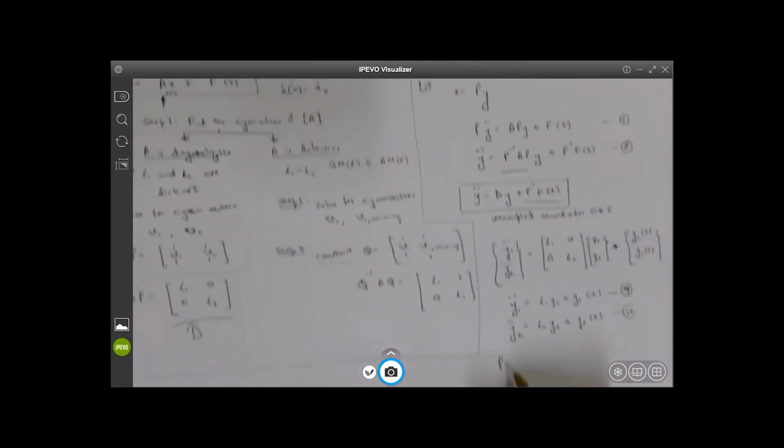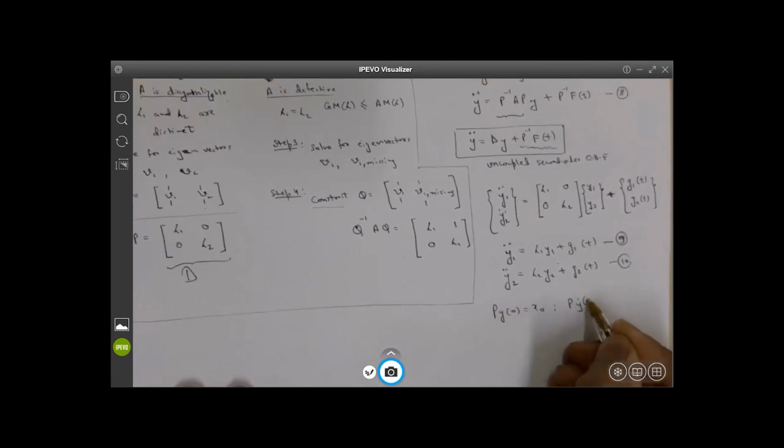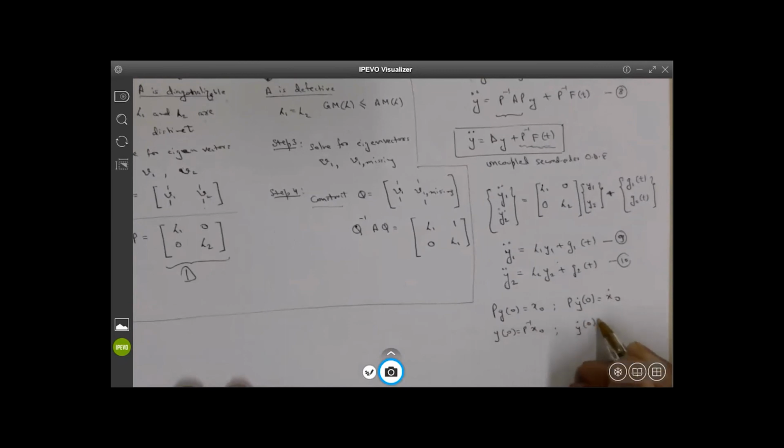P y(0) will be X naught, and P y dot(0) will be X dot naught. So y(0) will be P inverse X naught, and y dot(0) will be P inverse X dot naught.